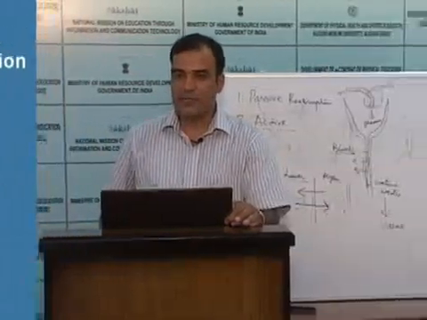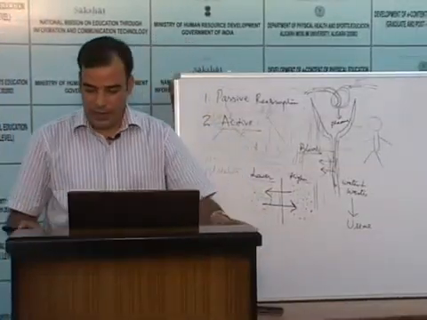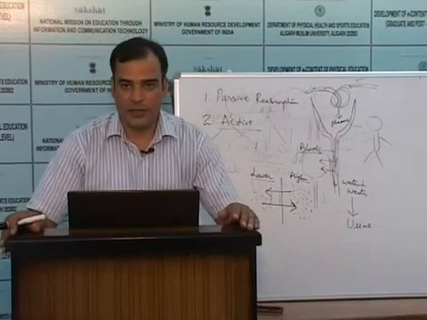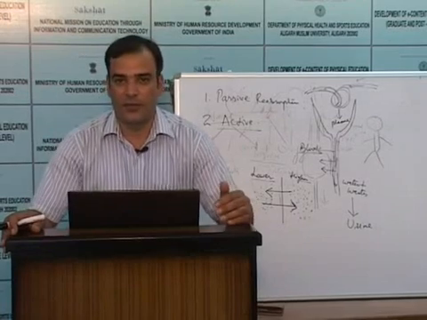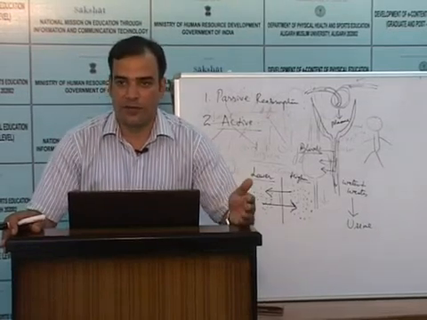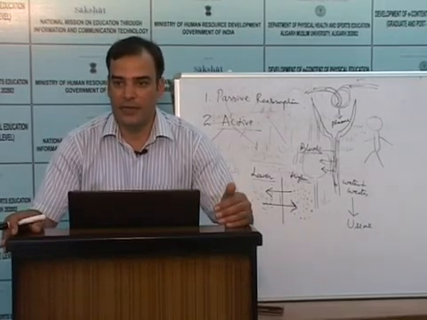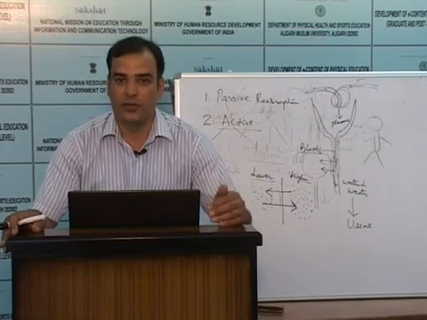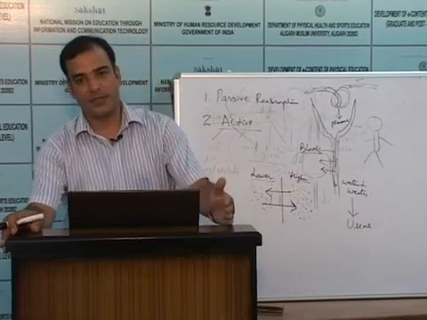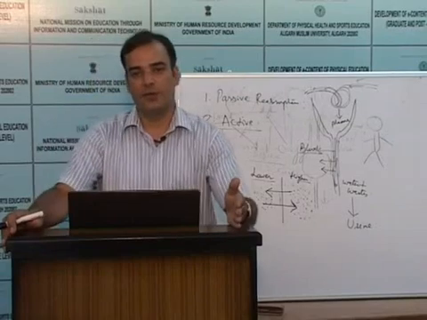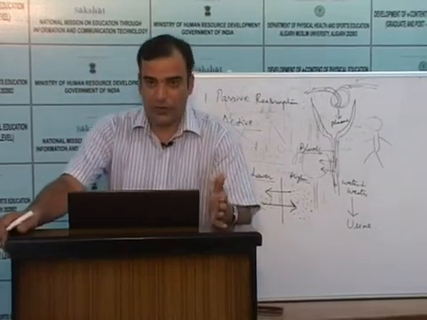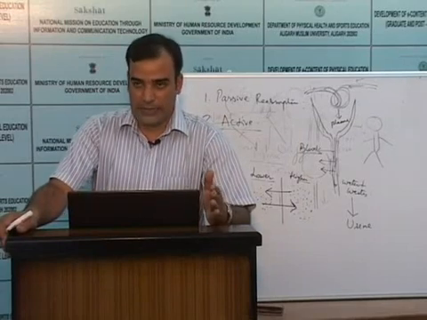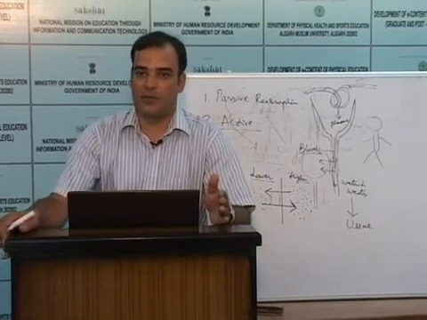Now, what are the sites of reabsorption? As I mentioned earlier, the reabsorption takes place in the tubular portion of the nephron, which consists of the proximal convoluted tubule, loop of Henle and distal convoluted tubule. Different substances are reabsorbed in different portions of this tubule. In the proximal convoluted tubule, maximum substances are reabsorbed.